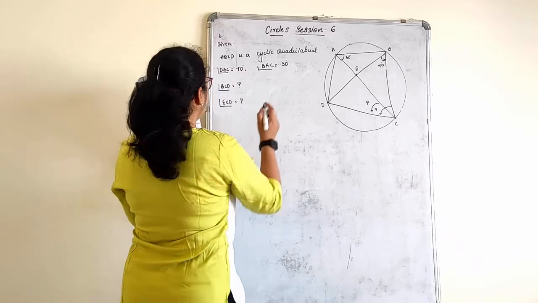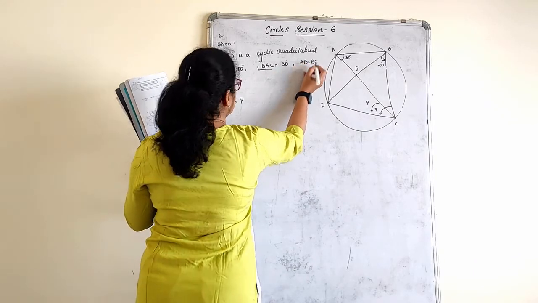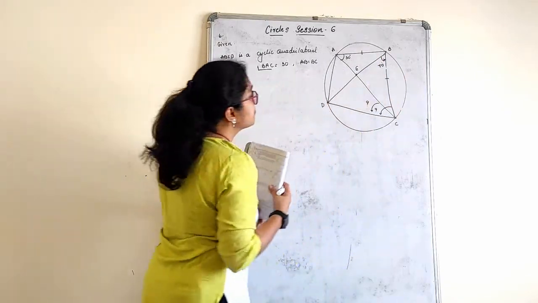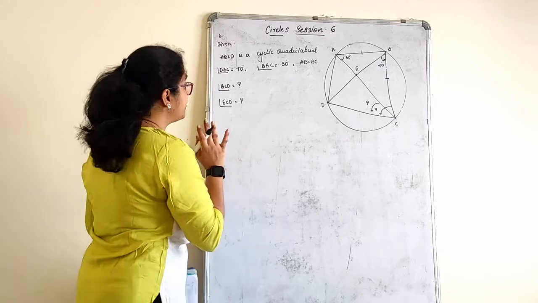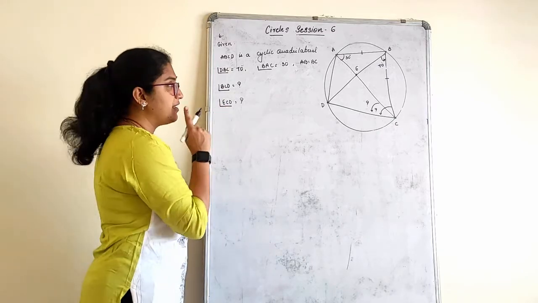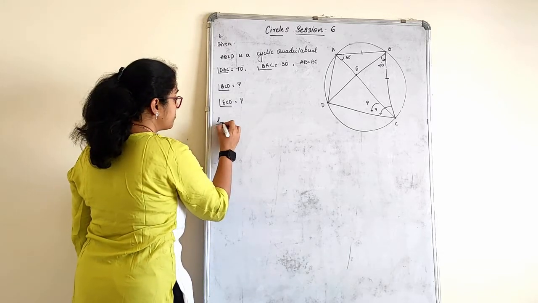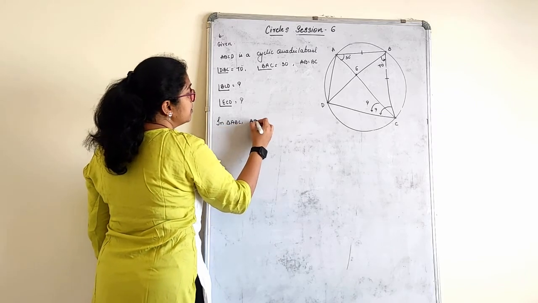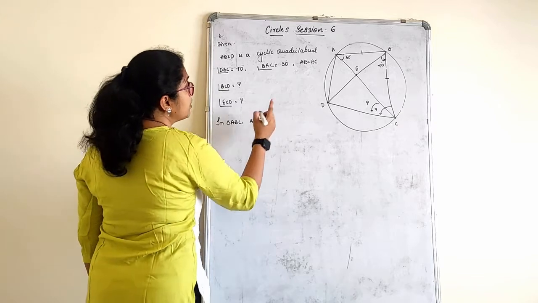Apart from that, they have also mentioned that AB is equal to BC. Let's use that. AB is equal to BC, which they have given first of all. We go on simplifying. They have given that condition, so there should be something. In triangle ABC, AB is equal to BC.